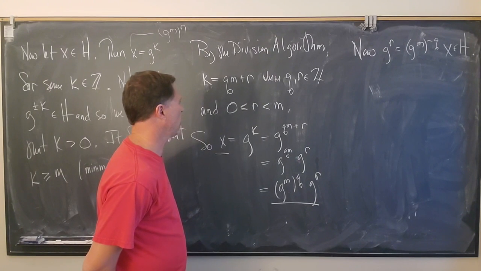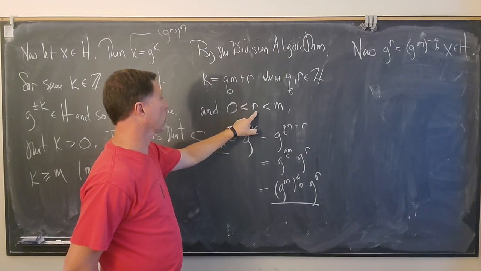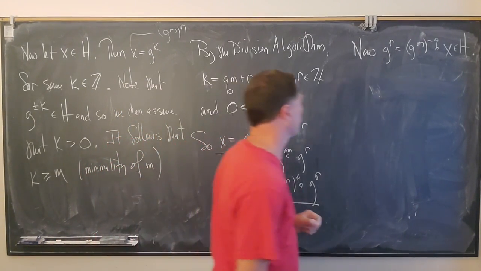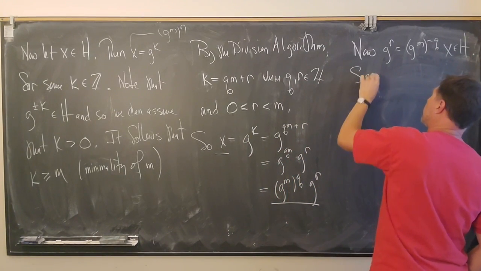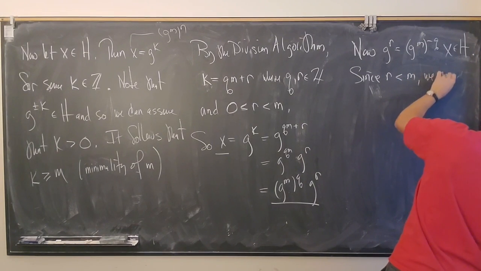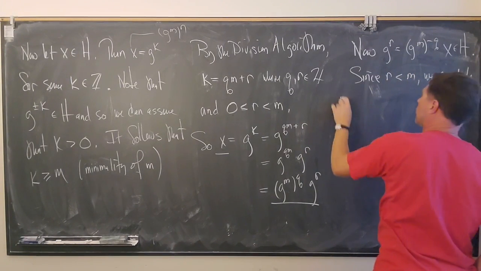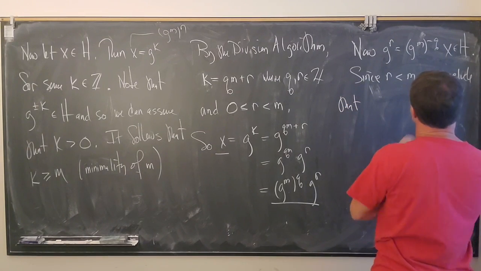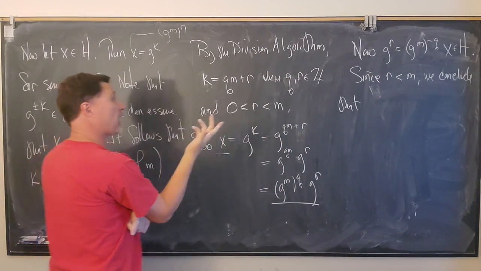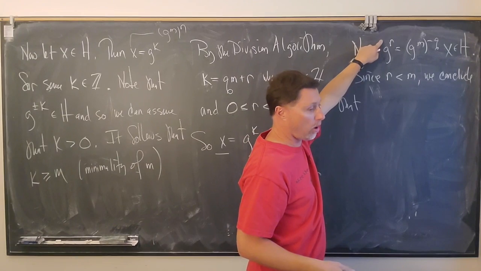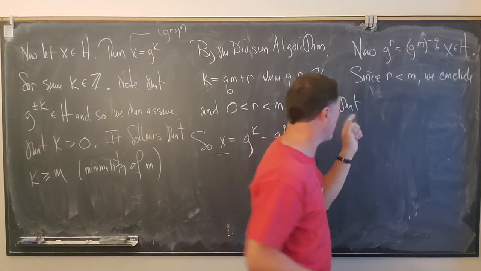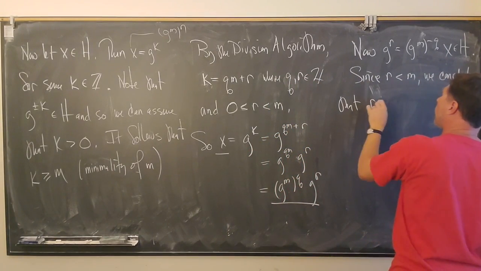Fine. So what do we know? We know that r is greater than or equal to 0, but strictly less than m. Since r is strictly less than m, well, what does that tell us? m is the least positive integer such that g to the m lives inside H. So here we have g to the r living inside H. Because of the minimality of m, that forces us to conclude that r equals 0.